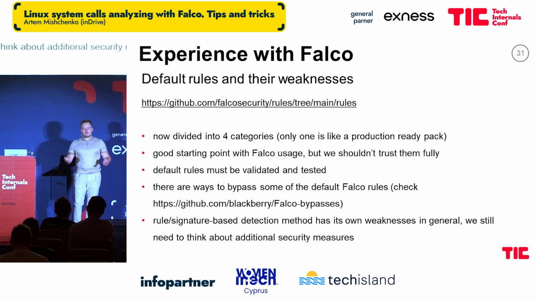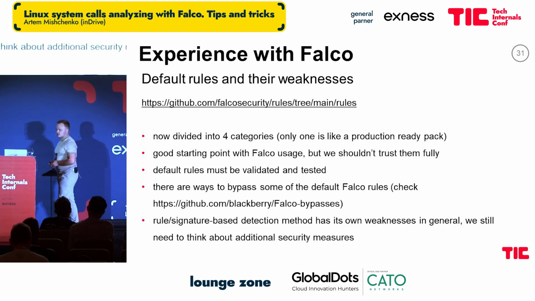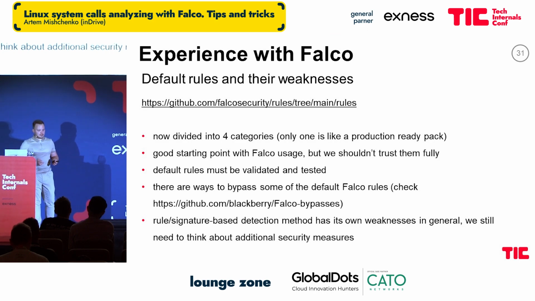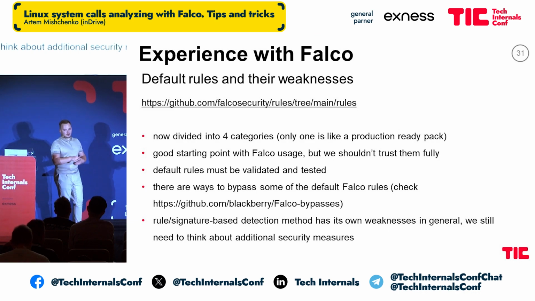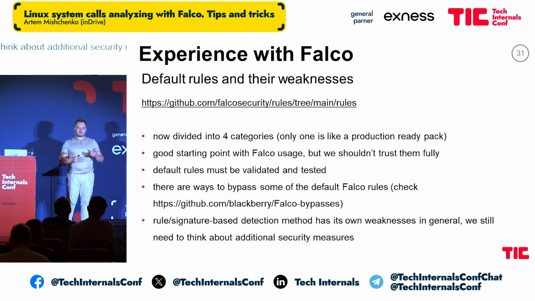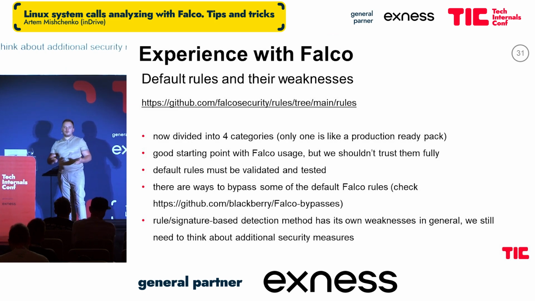Because it's not a secret that there were several interesting researches about possible Falco bypasses. You can check this repository from BlackBerry to read more about these cases. So Falco is being actively developed. Some of these bypass methods are already mitigated, some of them not.